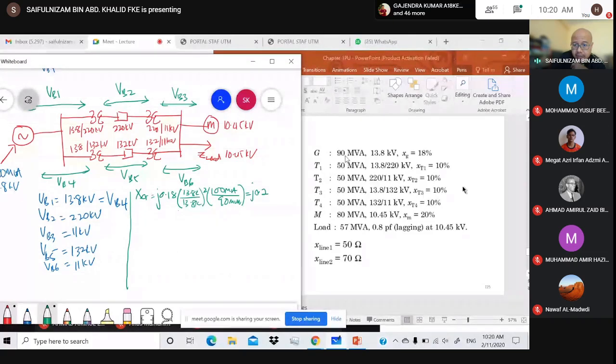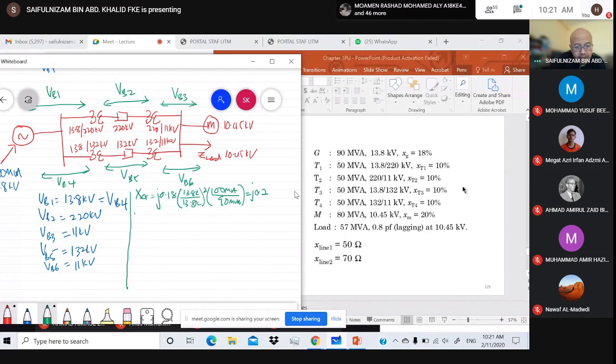I repeat, this is the old base power. The old and new base voltage are similar for the generator, transformer, and also the line impedance, except for the motor and load. You see 10.45, which is the old base voltage, different from the new one, which is 11, as you can see here.